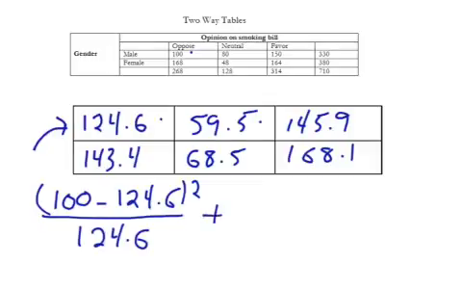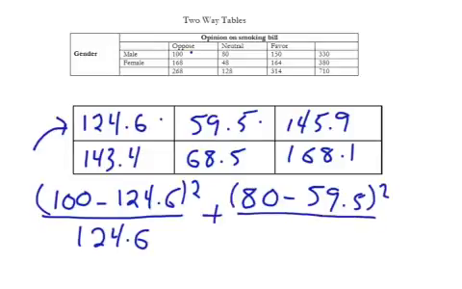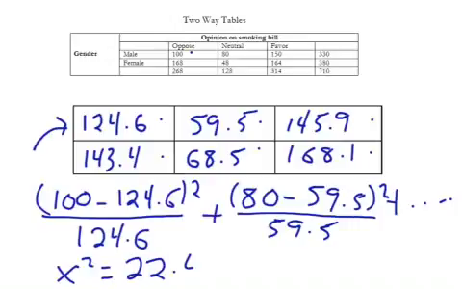We'll move to the next cell: 80 minus 59.5, quantity squared, and we'll divide that by 59.5, and we'll continue doing that for all the cells. When we get done working out our contributions, we'll have our chi-square statistic, which in this case will be 22.47. You can do the work yourself if you want to figure it out.